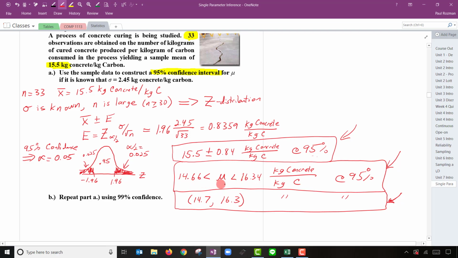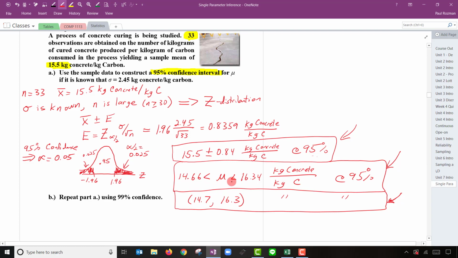I don't say there's a 95% chance that mu is in this interval. I say I'm 95% confident in my method generating an interval that does capture the population parameter. It's a subtle difference, but I want you to avoid saying there's a 95% chance that mu is in that range.